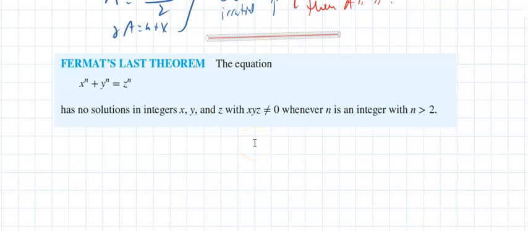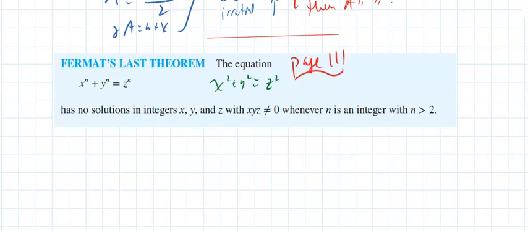Now, we have a gorgeous theorem in the book called Fermat's theorem. I strongly suggest you read about it. And that theorem is on page 111. Make sure you read the history of it too. It says, you know, you have x squared plus y squared equal z squared.